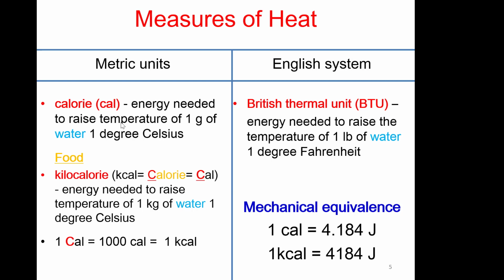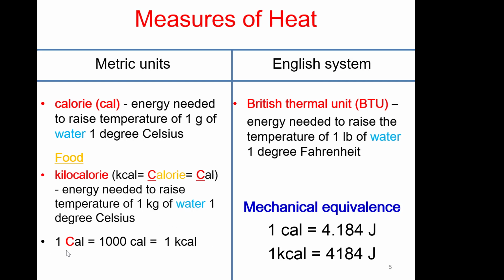For a small c, it is how much energy we need to increase the temperature of 1 gram of water by 1 degree Celsius. But in the second case, it is how much energy we need to increase the temperature of 1 kilogram of water by 1 degree Celsius. Then it's really different.